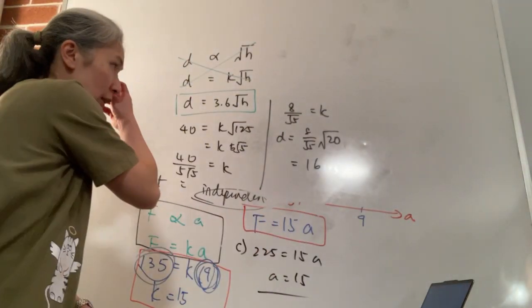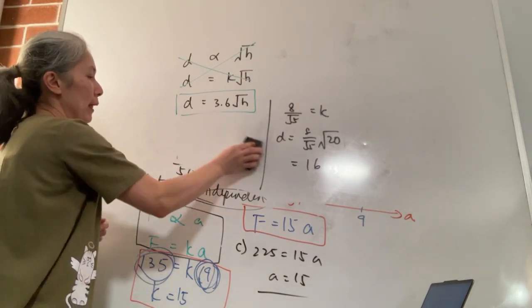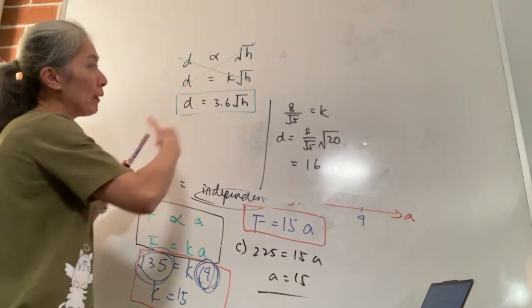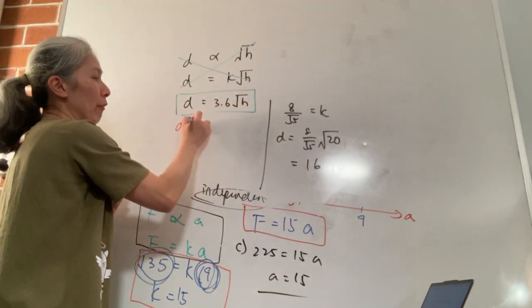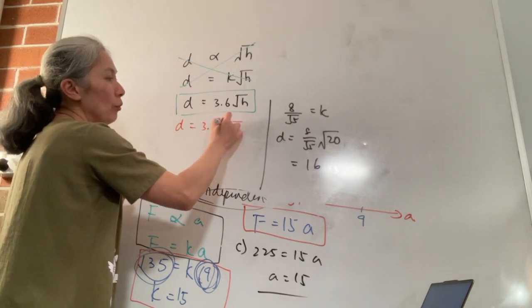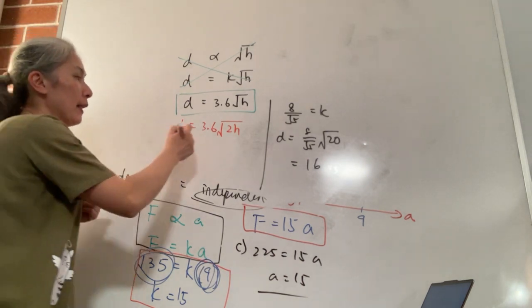Okay, the next question, hopefully you didn't get a question like that. What it means is that if you double the height, so my height is going to be double, you are going to have d equal to 3.6 root of 2h.